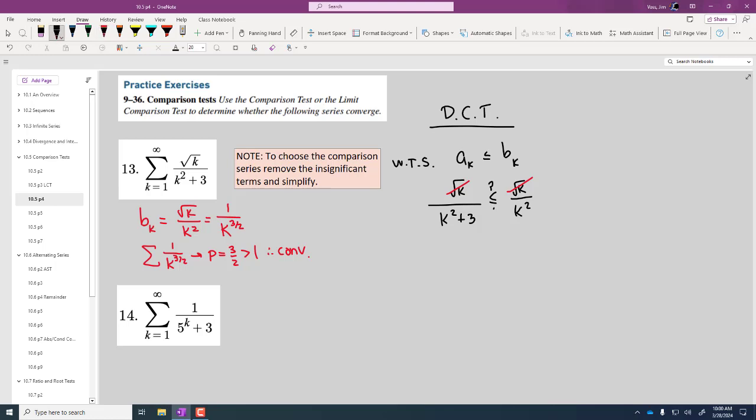And then we can do our cross multiplication, and we get that k squared is less than or equal to k squared plus 3. So cross multiplying, k squared plus 3 goes to the right, k squared goes to the left. And if we subtract off the k squareds, we can always get down to something that we can solve by inspection. This is true.